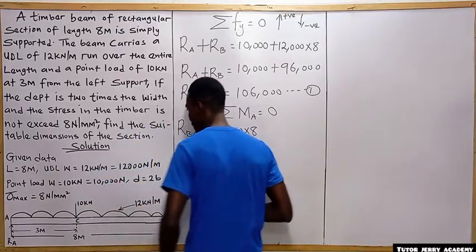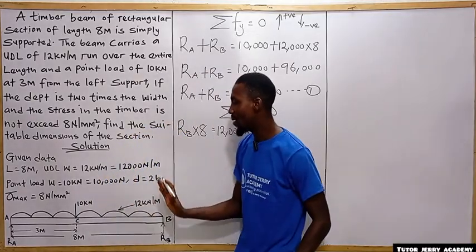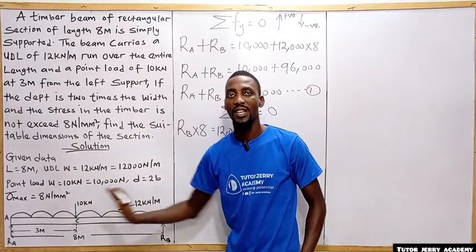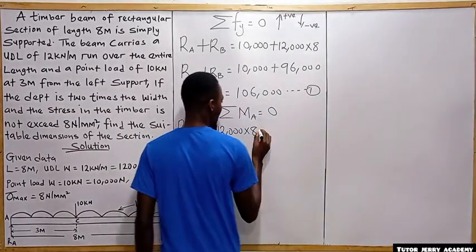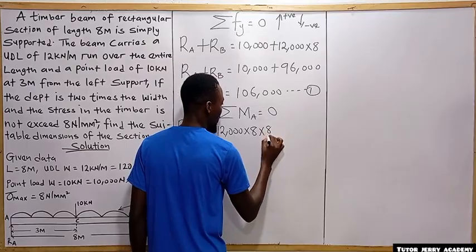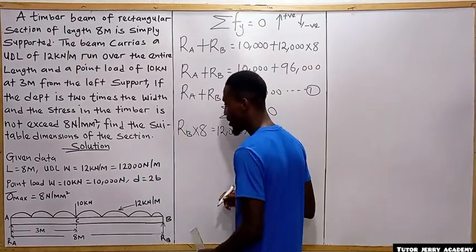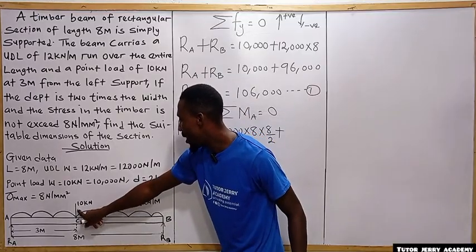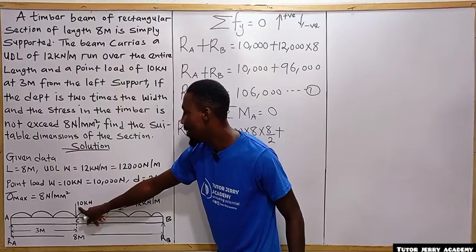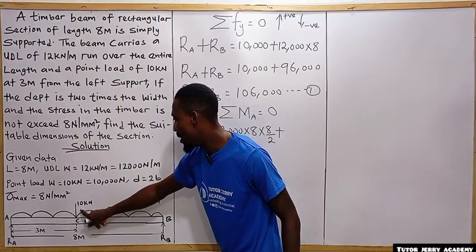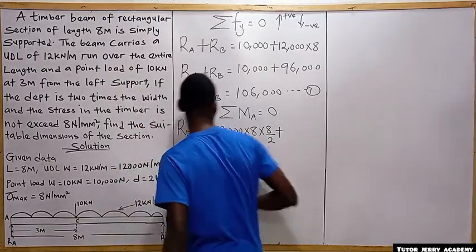And don't forget, it acts at half of the total distance for the moment, so it's 8 divided by 2. Plus we also have a downward force of 10,000 Newton multiplied by 3.